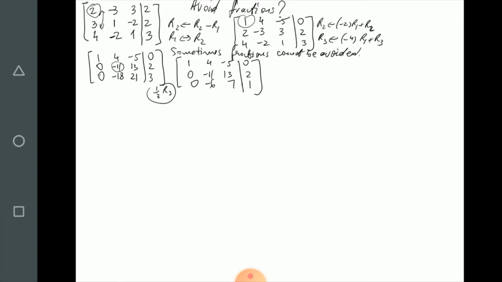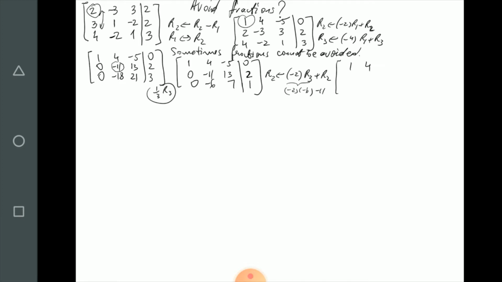So if I add it to the second row, that's the one that I need. Again, it takes a little bit of practice to figure these steps out, but it pays off to think about these steps. So what I'm going to do is replace row 2 by minus 2 row 3 plus row 2. Minus 2 times minus 6 becomes 12, right? The whole point of doing this is because this will give me the leading 1 in the proper position.